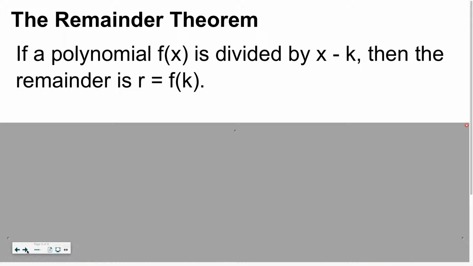It's just how the theorem states it, so it could be any letter. However, we're going to be putting in numbers, not letters. So if the polynomial f of x is divided by x minus k, then the remainder is r equals f of k.